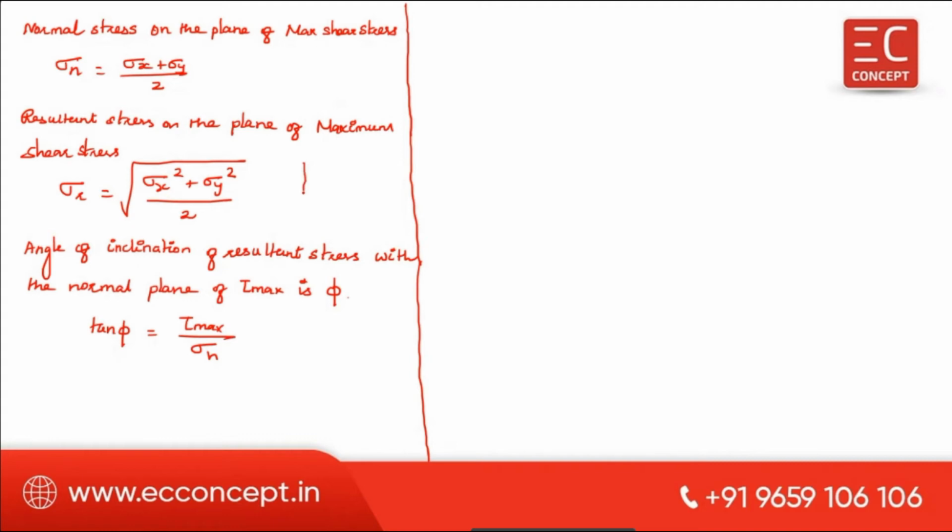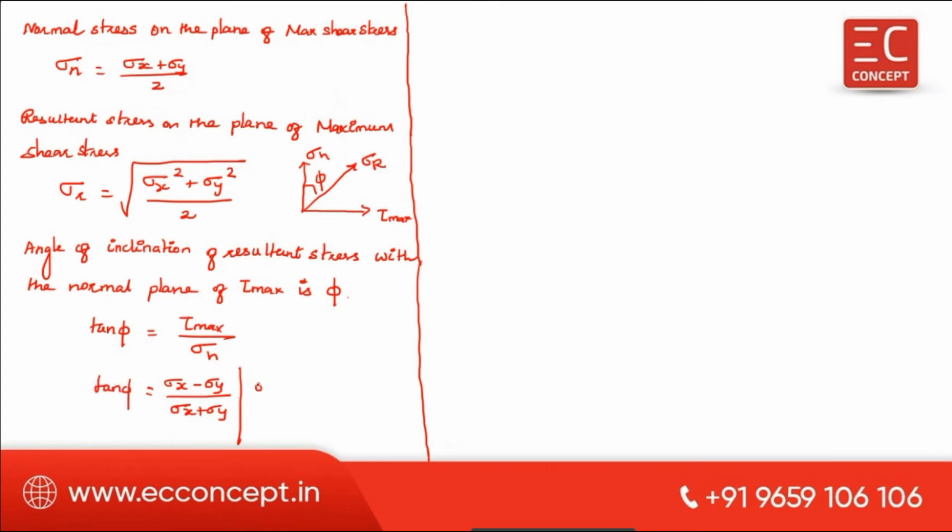So meaning this is the thing. This is the phi. This is sigma n. This is tau max, and this is sigma r. So tan phi is equal to opposite side divided by adjacent side. If you simplify this, it is sigma x minus sigma y divided by sigma x plus sigma y. Okay, this is the tan phi.